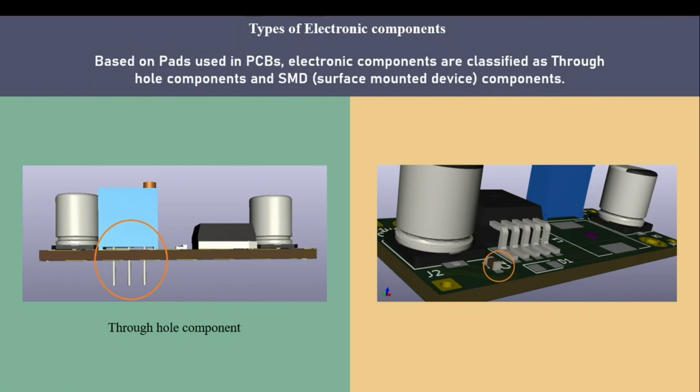So this is a through-hole component. At the right side, this is a SMD component where I've shown the capacitor, which is mounted on the top layer, and it is soldered on that pad. So this is a SMD component. So you may have understood the difference between the through-hole component and SMD component.